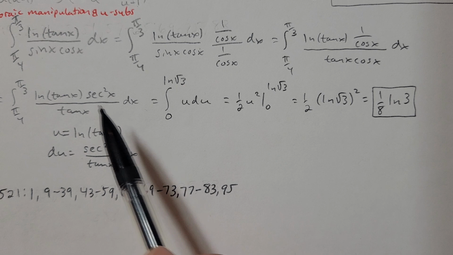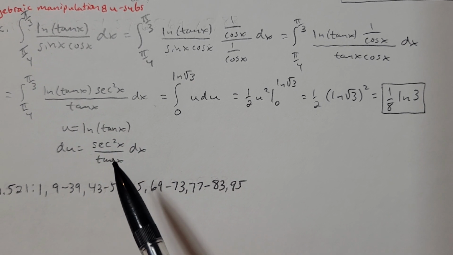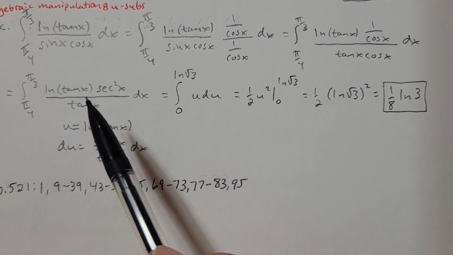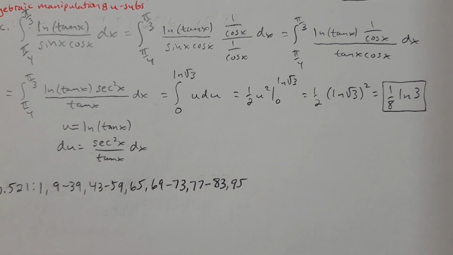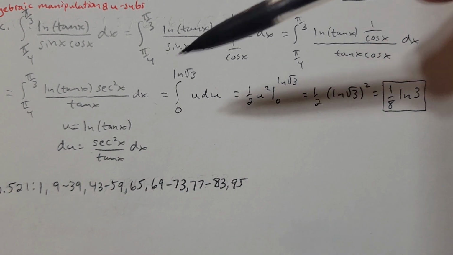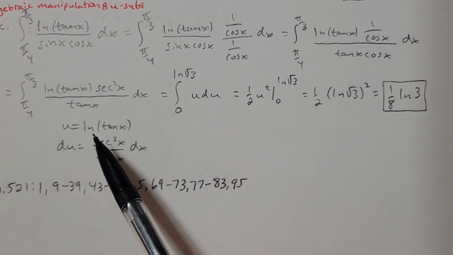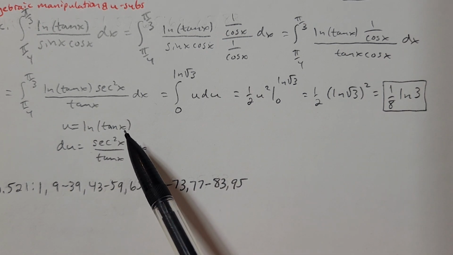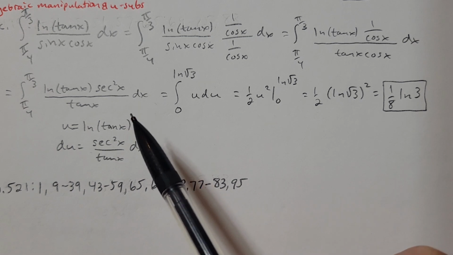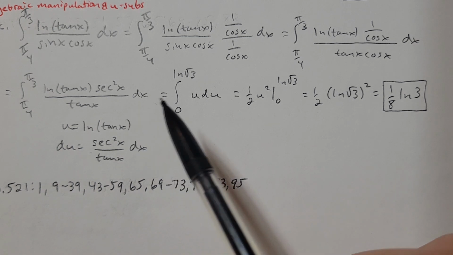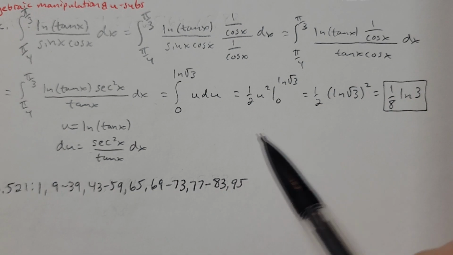Okay, so I'm setting myself up for a u substitution here in this problem. I know that the derivative of tangent x is secant squared x. So if I let u be the ln of tangent x. Now you could let u be just tangent x. That's fine. You need two substitutions then afterwards.